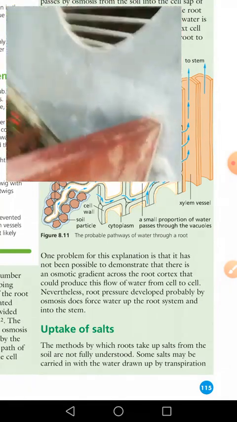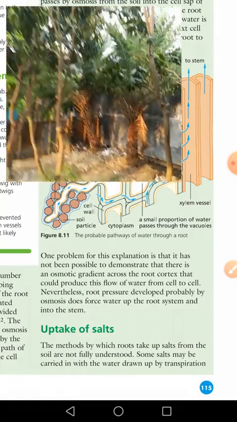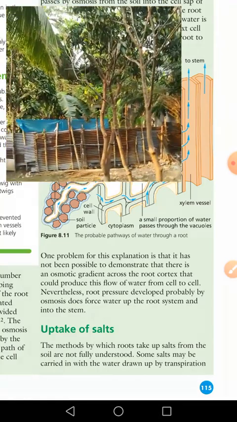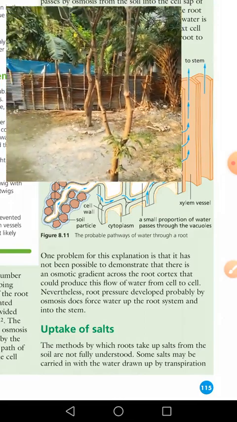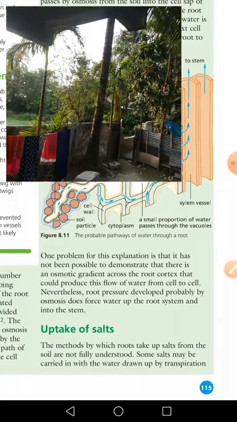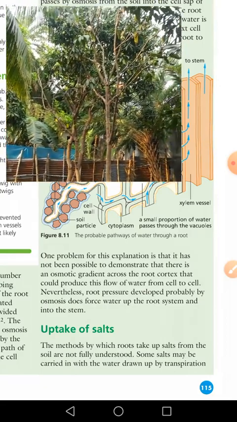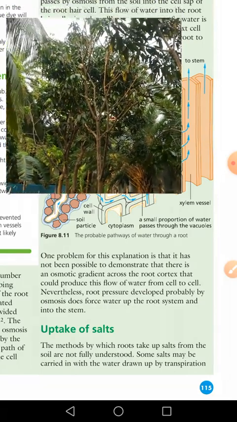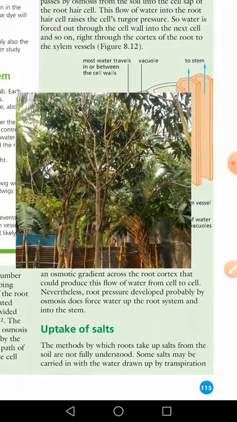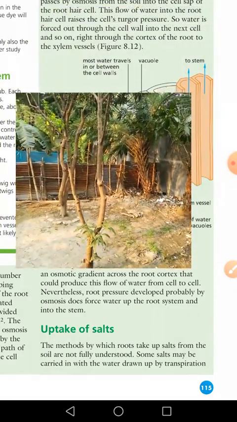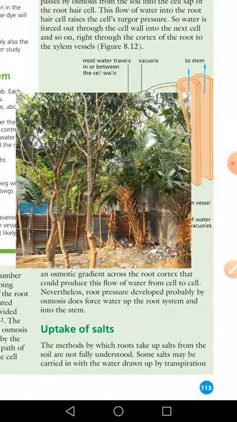Now, let me show you an animation. It's a live animation, right? I can't zoom into the leaves right now, but I will try to make you understand as far as possible.